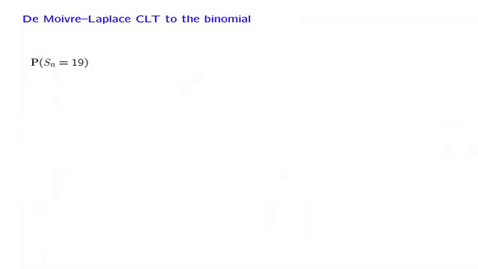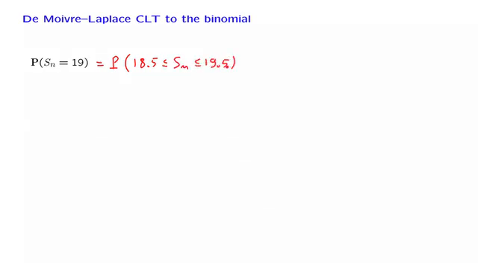Let us try to approximate, as an example, the probability that Sn takes a value of exactly 19. So what we will do will be to write the event that Sn is equal to 19 as the event that Sn lies between 18 and a half and 19 and a half.